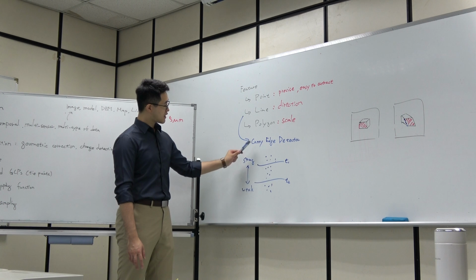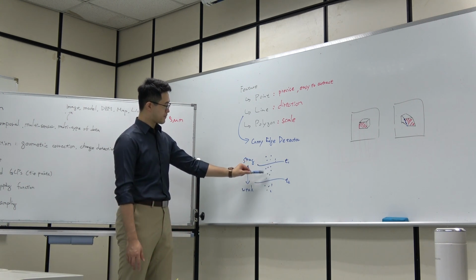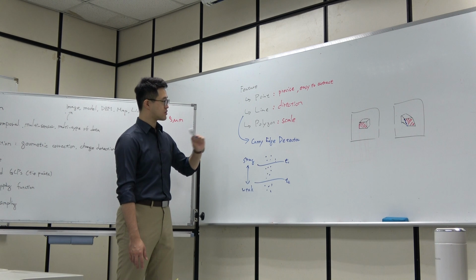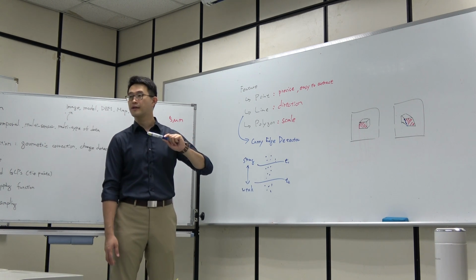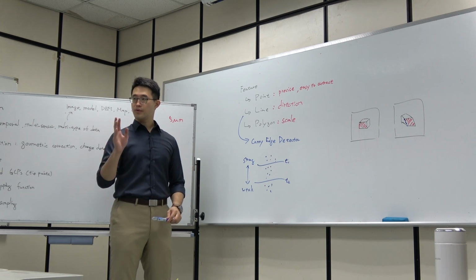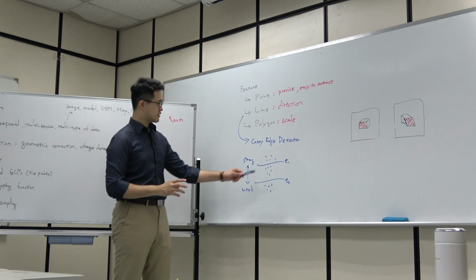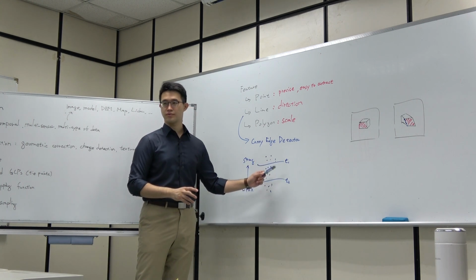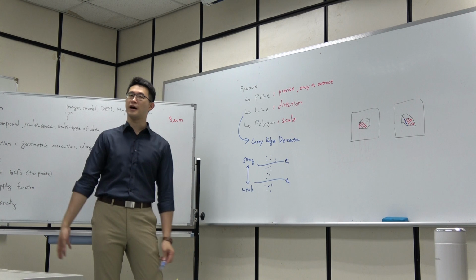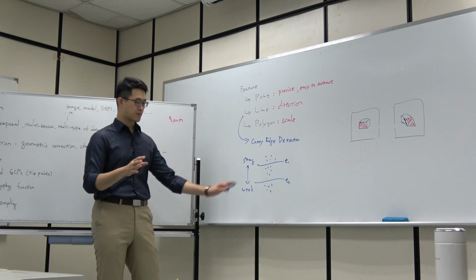And then the Canny edge detector will take a look at these pixels and see if they are connected to the strong features. Then they will be included in the feature edge or feature line. And if they are not connected, then they will be removed. So what I'm trying to say is that for the Canny edge detector, you need to set two thresholds. Of course, if you are using a MATLAB algorithm, you can also just set one threshold, and the other one is predefined.